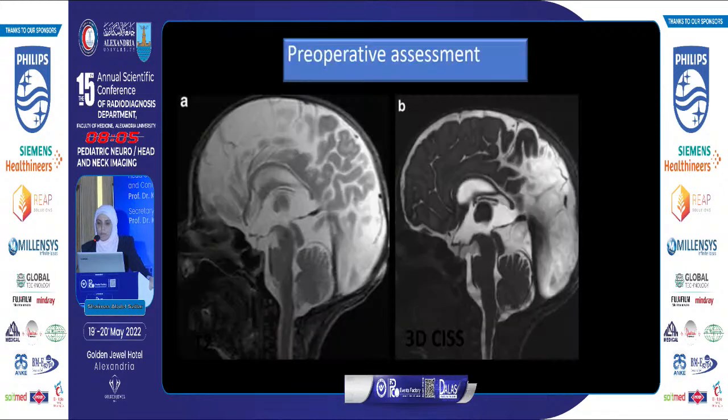Prior to third ventriculostomy, the most important thing is to demonstrate if there are membranous adhesions in the prepontine cistern or the Liliequist membrane, which is a normal anatomical variant that we should comment on in our report in patients planned for third ventriculostomy.